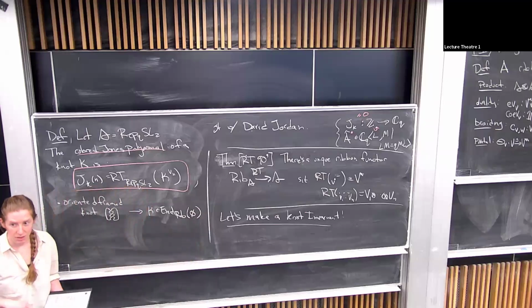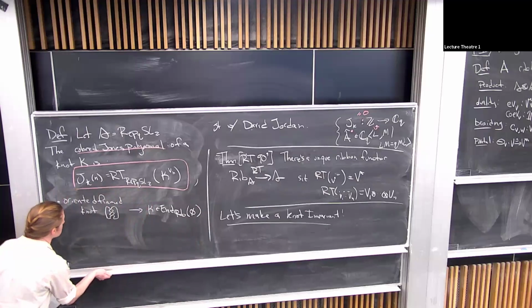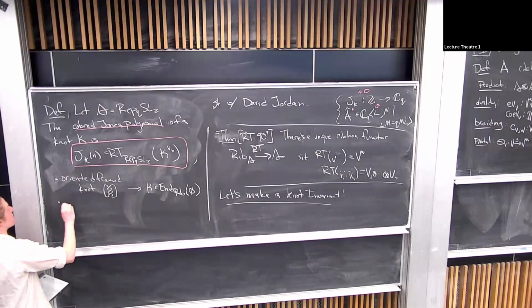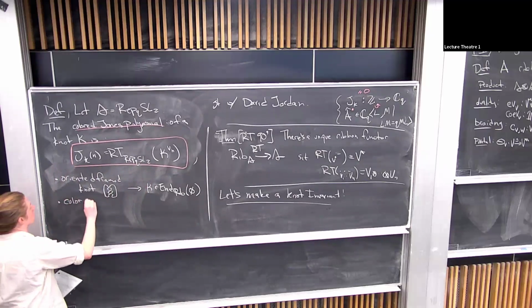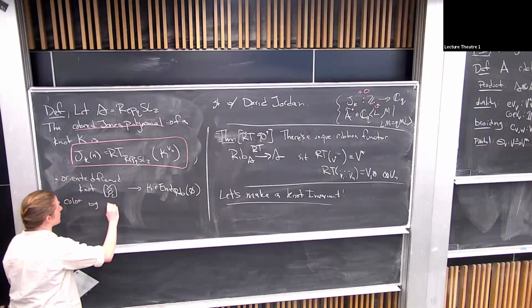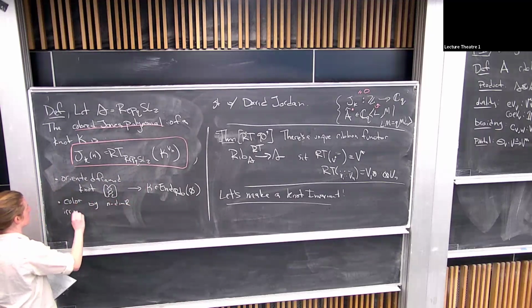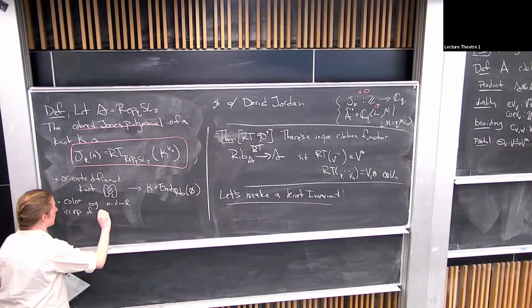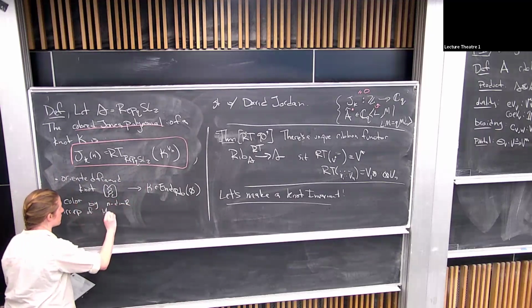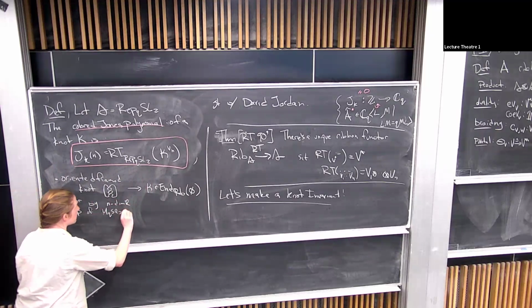It has no top or bottom. So I take this, and then I can color by the n-dimensional irrep of U_q SL2.